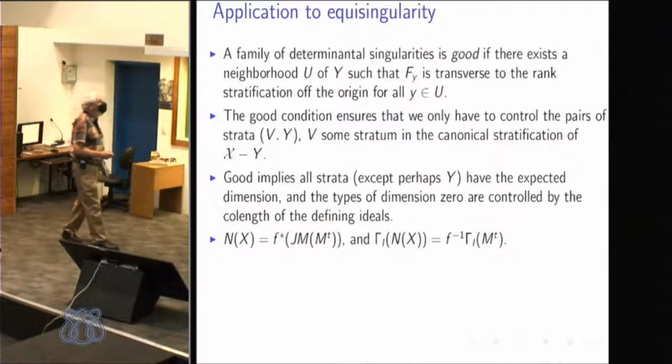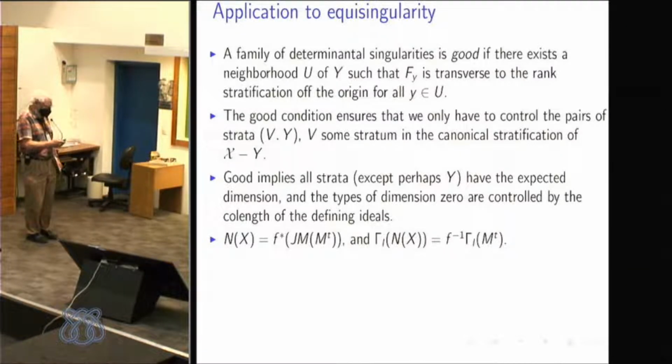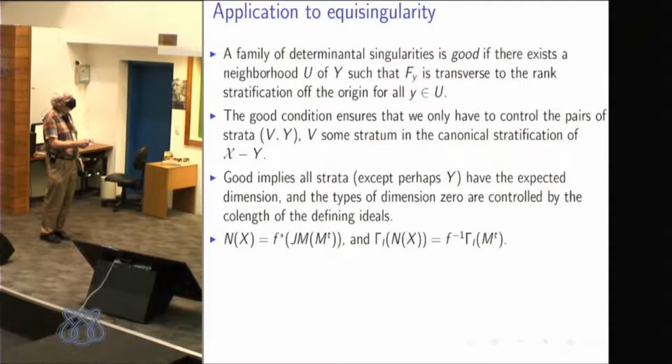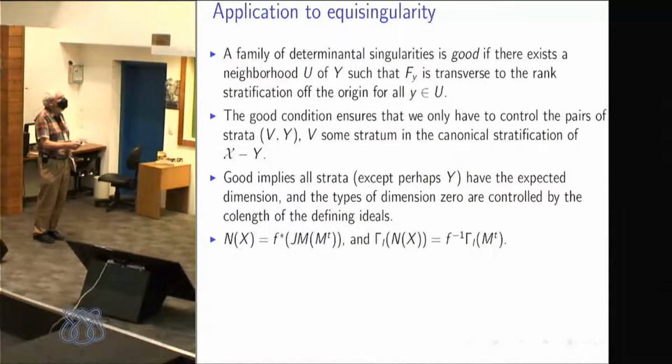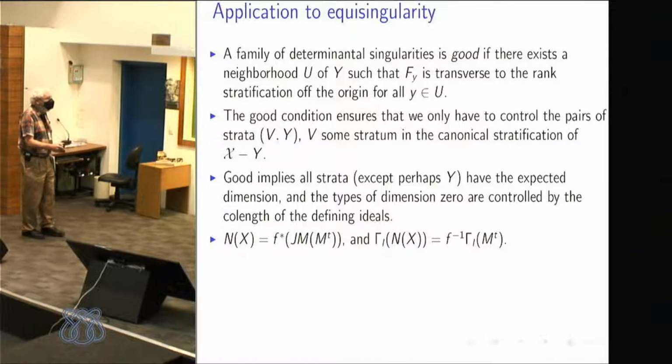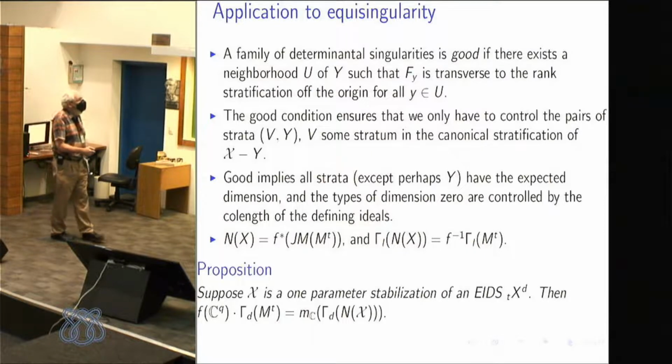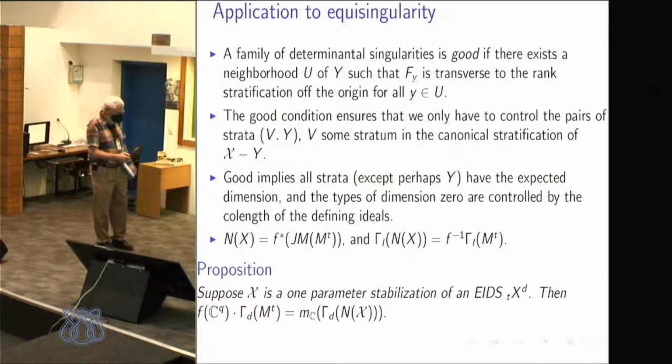Okay, so we put our actors on the stage. Remember the determinantal normal module is given by the pullback of the Jacobian module of MT. And it's easy to show that that means that gamma 1 of n of x is F inverse of the polar of the same codimension of MT. Okay, then we have a nice proposition.